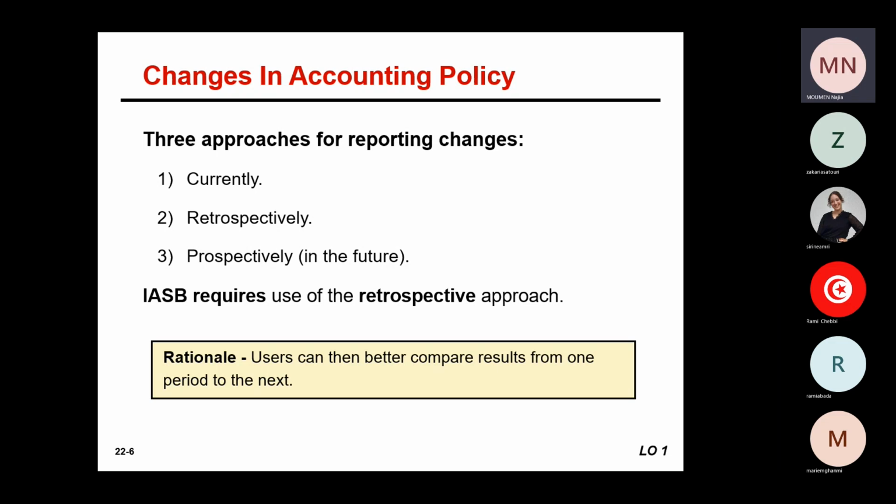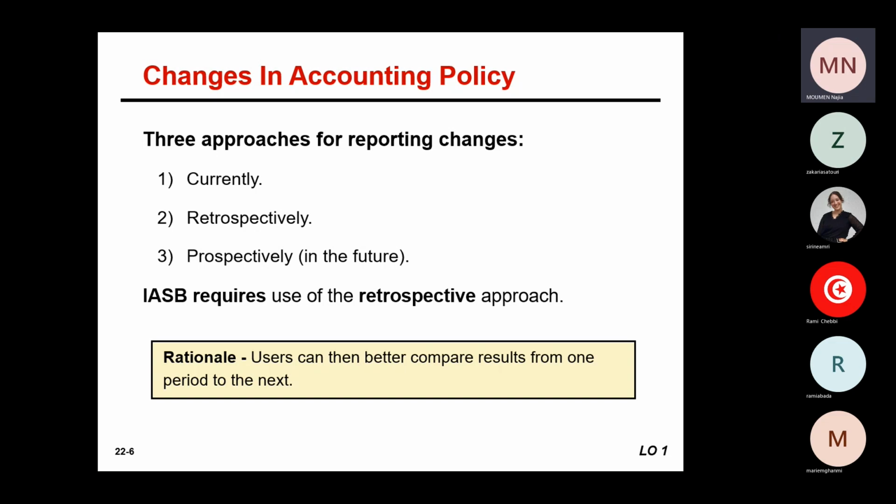Or you may use the retrospective approach, okay? When we say retrospective, meaning, as we'll discover together, you will actually have to go back to the prior periods' financial statements and make a specific adjustment to show the financial reports with the new standard applied as if it was applied since the prior periods.